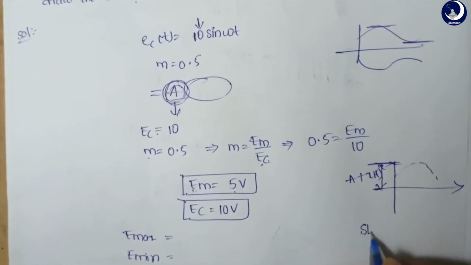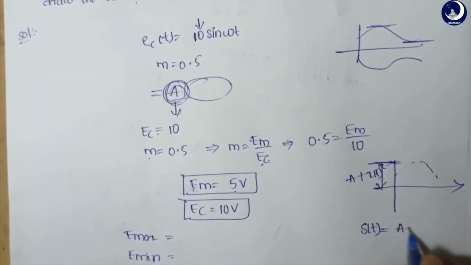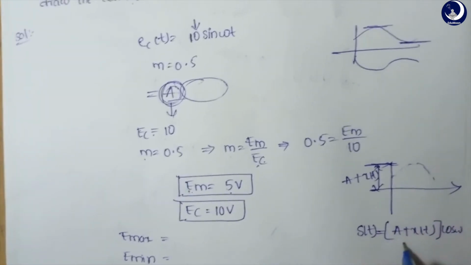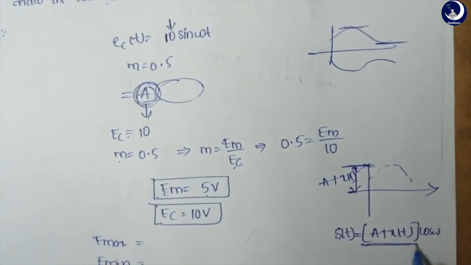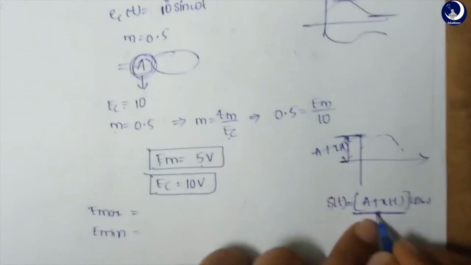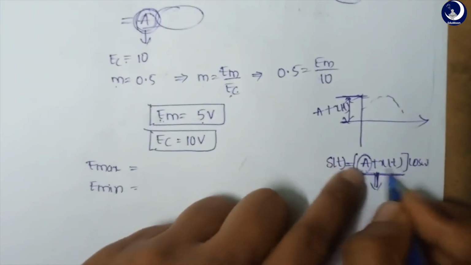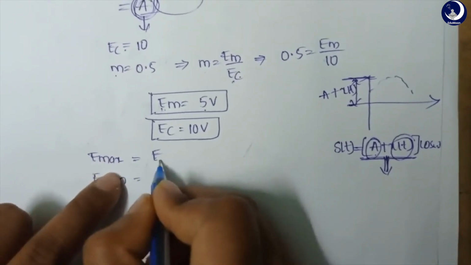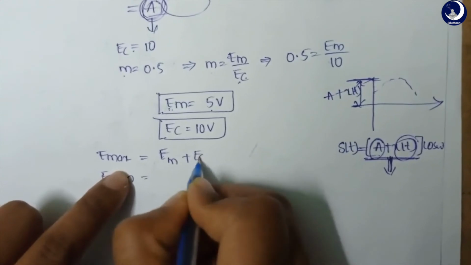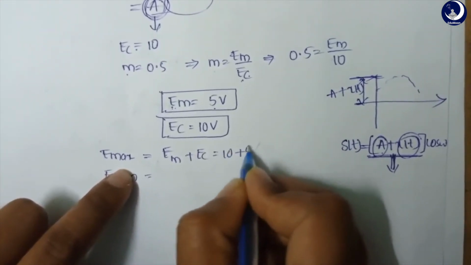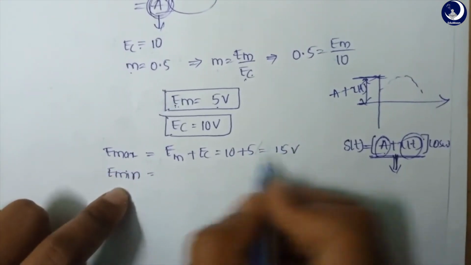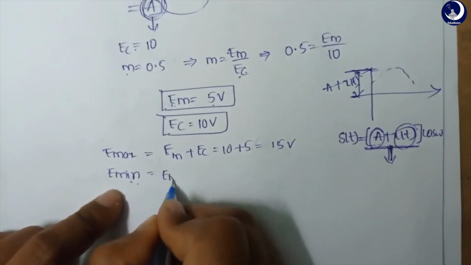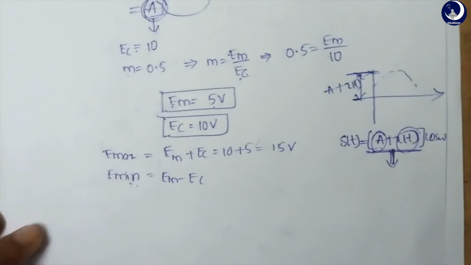So our modulated wave's maximum amplitude will be the sum of carrier and modulating wave. We get E maximum as Em plus Ec, that is 10 plus 5, which is equal to 15 volt. Then what about E min? E min is nothing but Ec minus Em. How? Let's see.